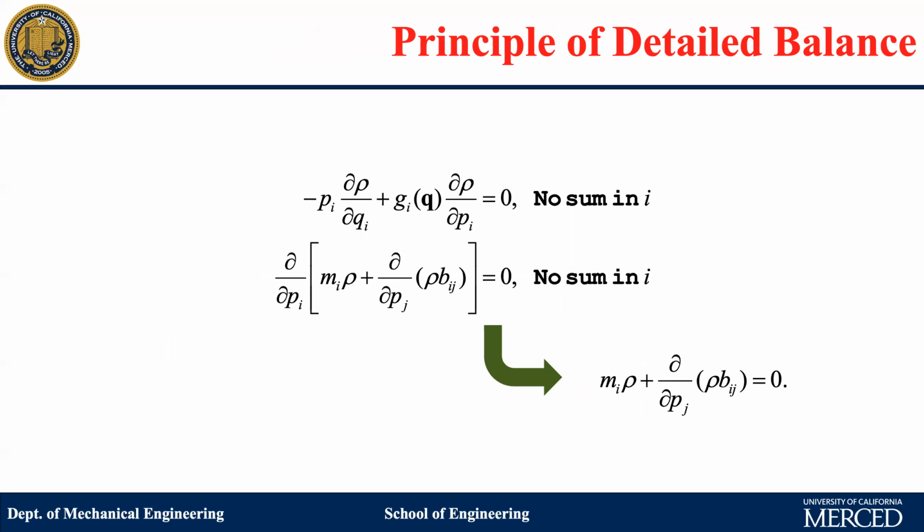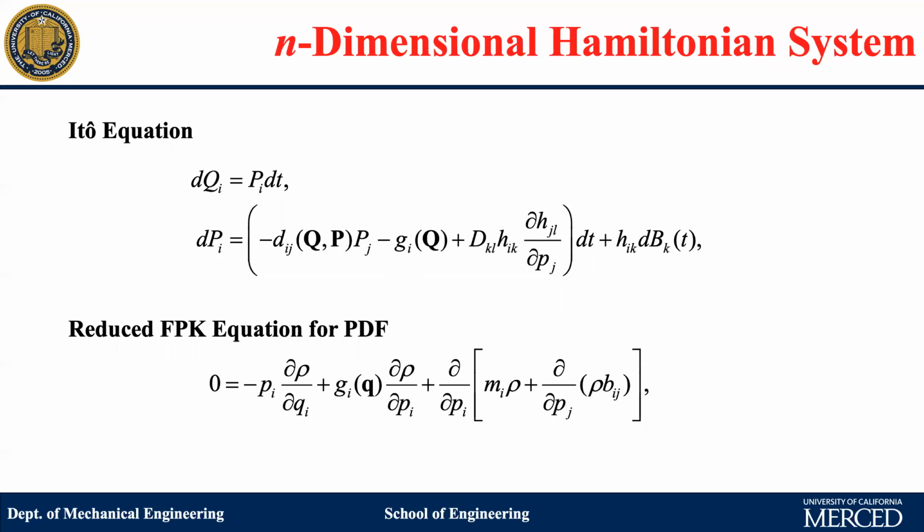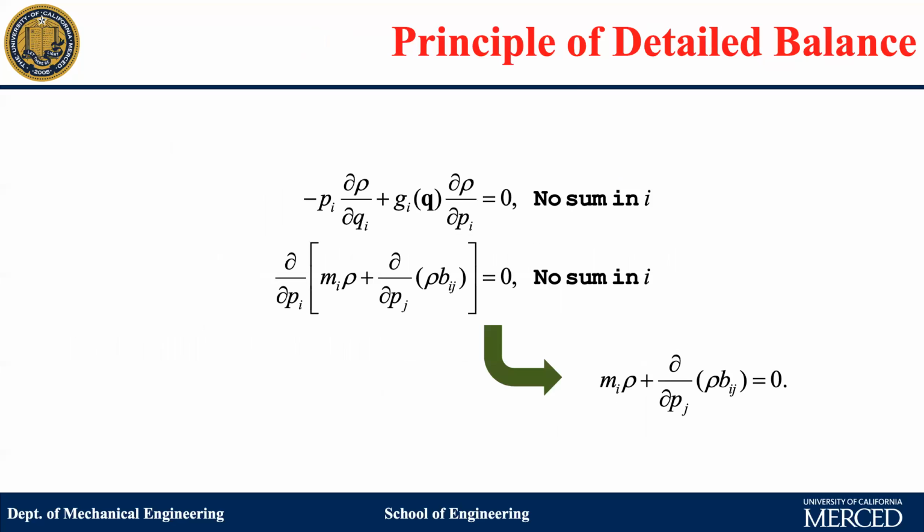Now, there is a very well-known principle of detailed balance in stochastic system theory: this reduced equation can be split into two parts. Then you try to simplify the solution process.